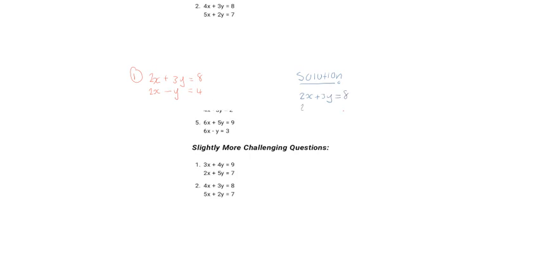Then we have 2x minus y is equal to 4. Remember the main aim here is that we're trying to find the value of x. At the same time, we want to find the value of y. We want to find the values of x and y that we don't know.